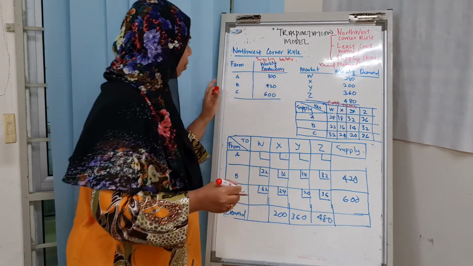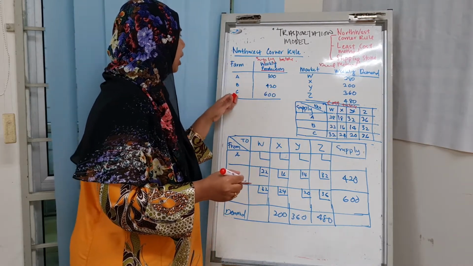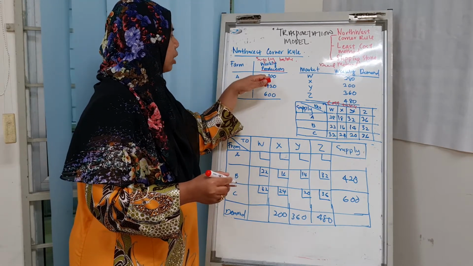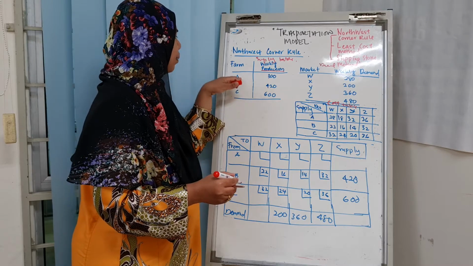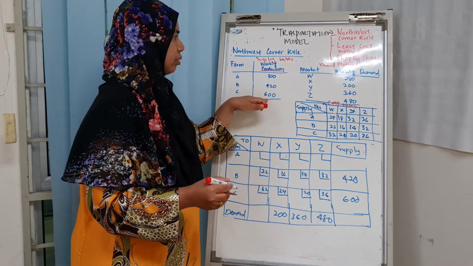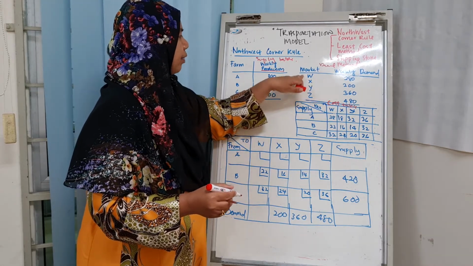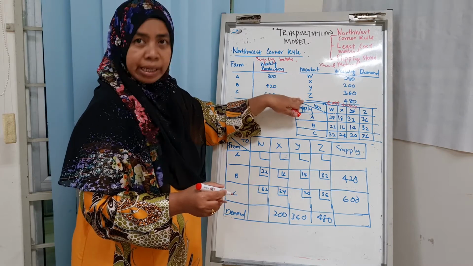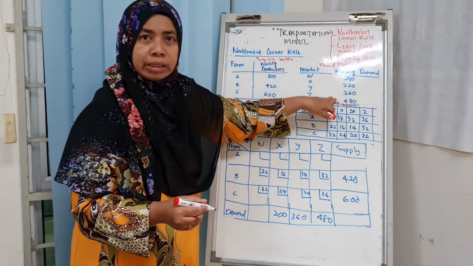For example, let's say they have 3 farms. For the weekly production, farm A is 300, farm B is 420, and C is 600. For demand, we have 4 markets: W, X, Y, and Z, and they have different demand.